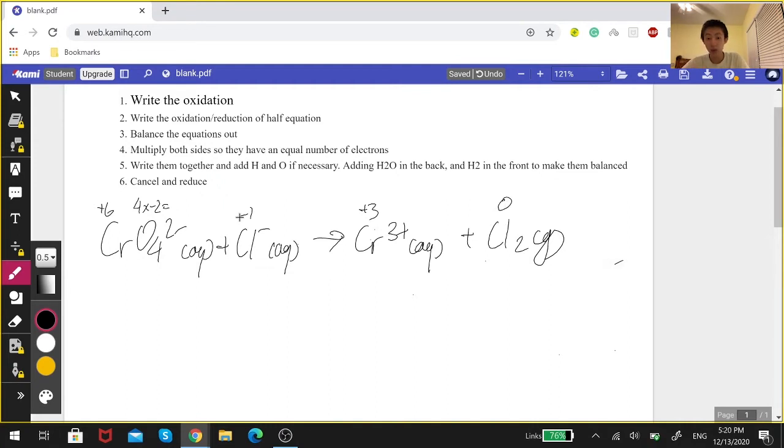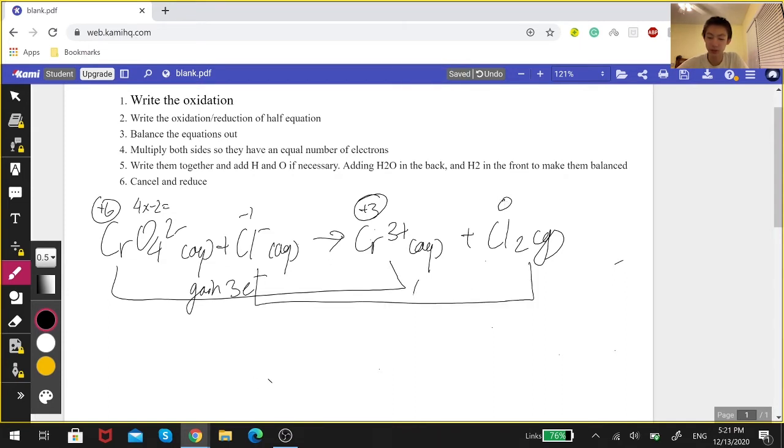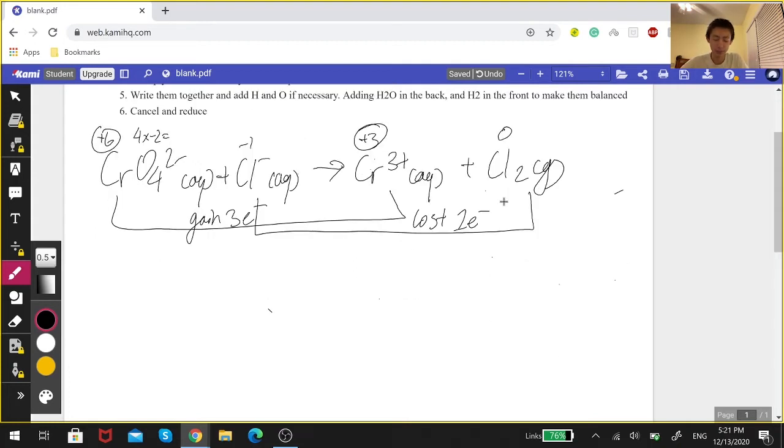So, what got oxidized and what got reduced? Cr went from +6 to +3, so obviously it gained 3 electrons. Our Cl went from 1 minus to 0. That means it lost an electron, to be more positive. Now let's write these half reactions down.